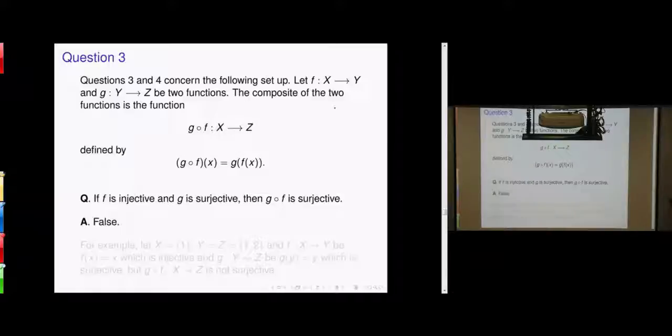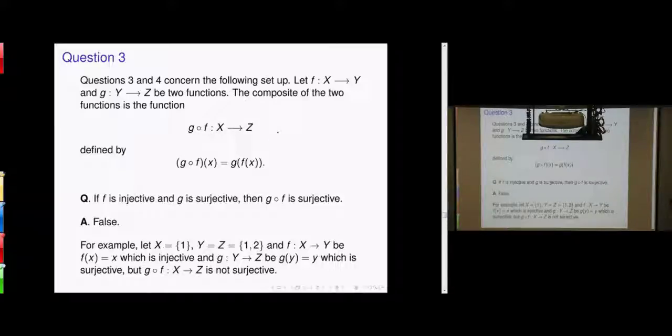You can find examples. Here's the example, so I'll draw the graph. I take X to be {1}, and Y and Z to be {1, 2}. F just sends 1 to 1. This is certainly injective. And G is surjective from Y to Z. But if you look at the composite from X to Z, X only has one element and Z has two elements, so it's impossible to be surjective.